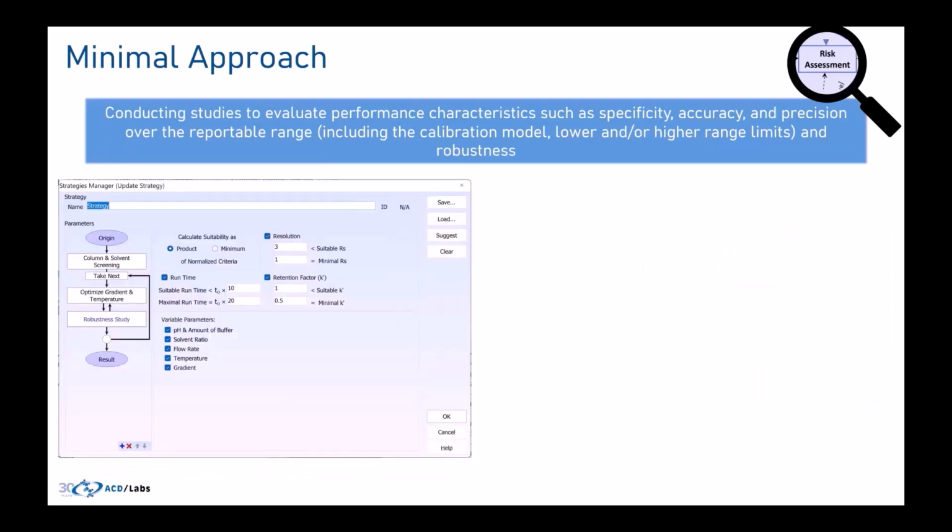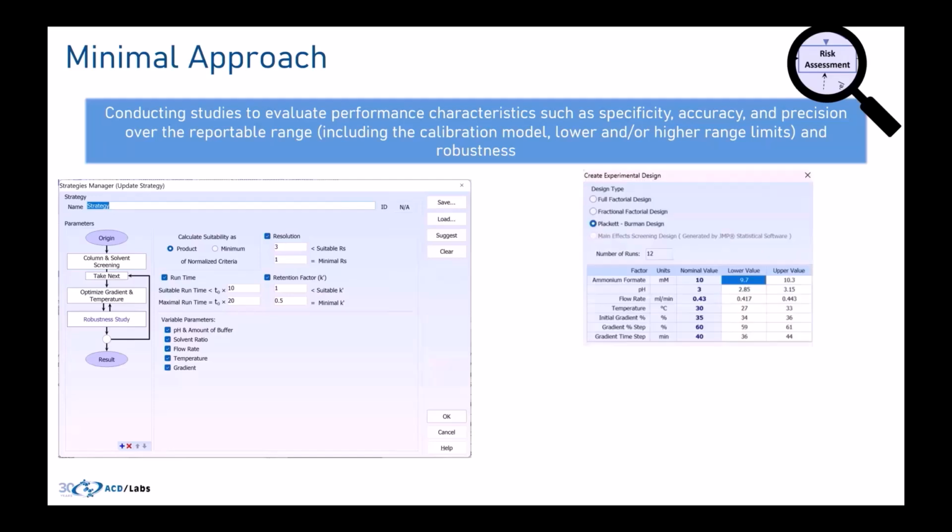The second element, if you'd rather generate and run the experiments using statistics, as the guideline references, AutoChrom has capabilities to help with that too. You can see here, we can add the robustness wave to the software to help mitigate risk by varying several parameters. The system will automatically select the best design type.